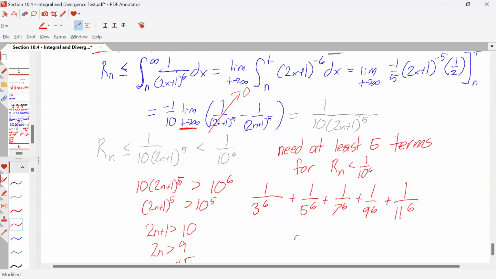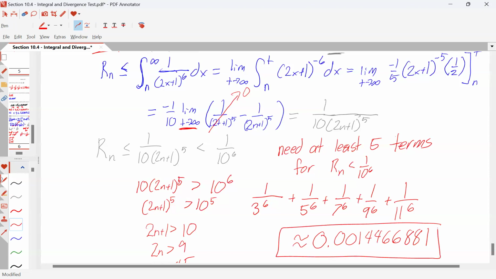This works out to be, if we were using a calculator, 0.00144668881. And there is our estimation. That is accurate to 6 decimal places.